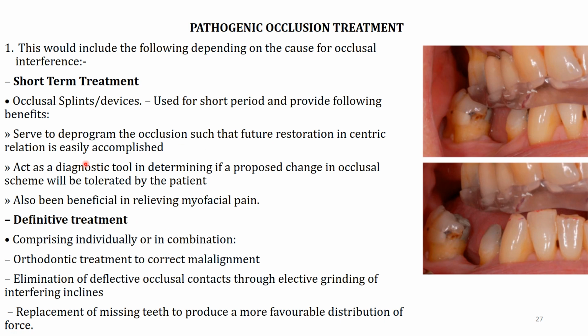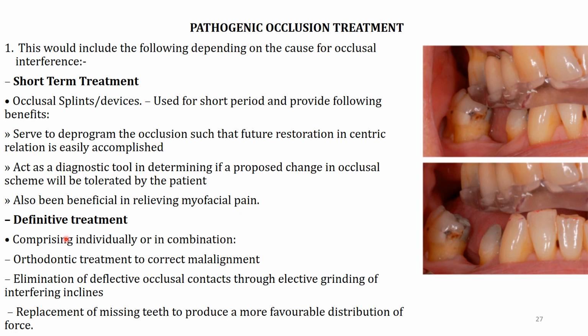We'll just read through this. In the short term, you give an occlusal splint or device. It serves to deprogram the occlusion, prior to future restoration, and is easily accomplished. It acts as a diagnostic tool in determining if the proposed change of occlusal scheme will be tolerated by the patient, and it can relieve the myofascial pain.